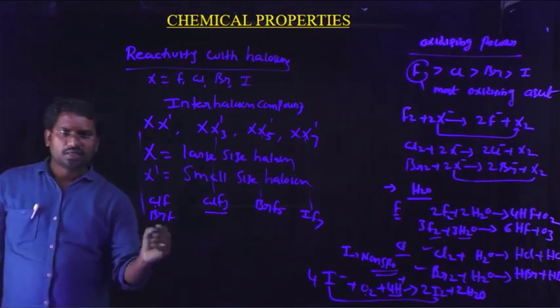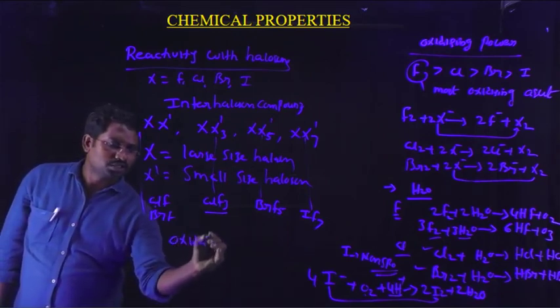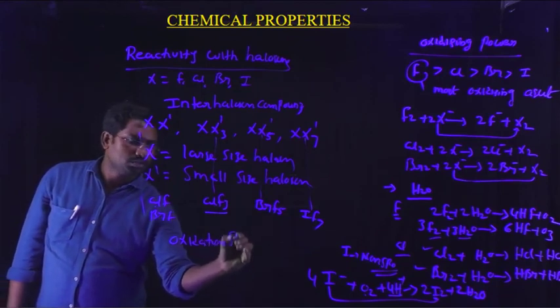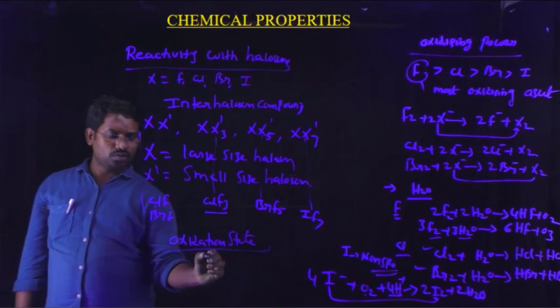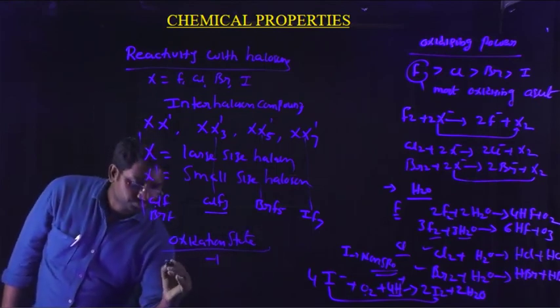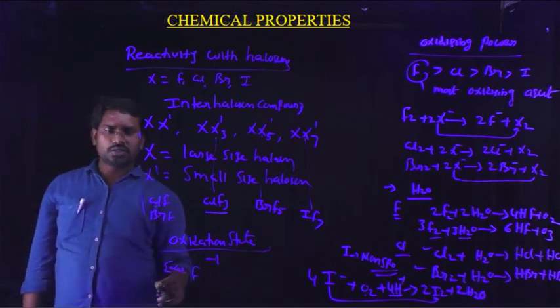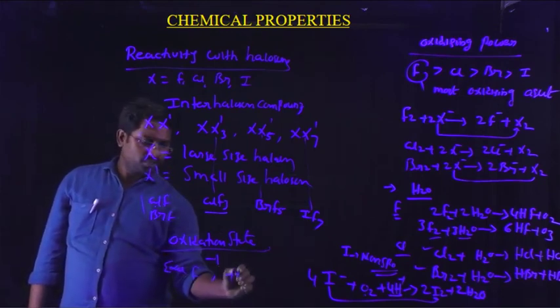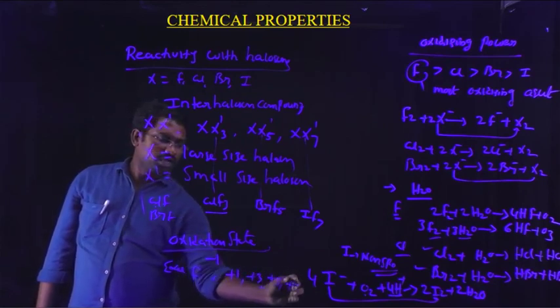And finally, their oxidation state. Almost the common oxidation state of halogen is -1. Except fluorine, the remaining halogens exhibit oxidation states of +1, +3, +5 and +7.